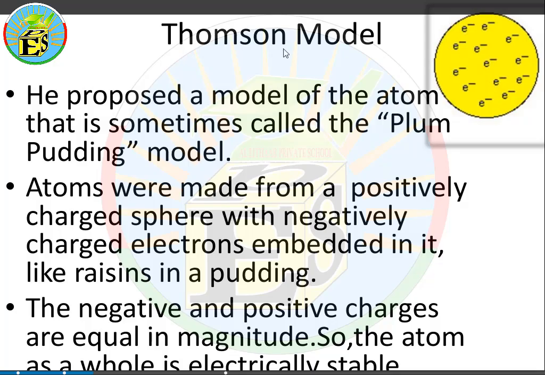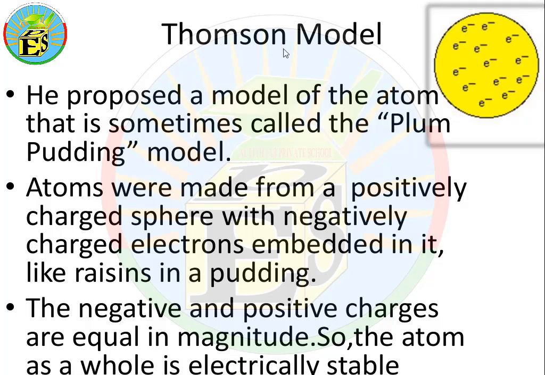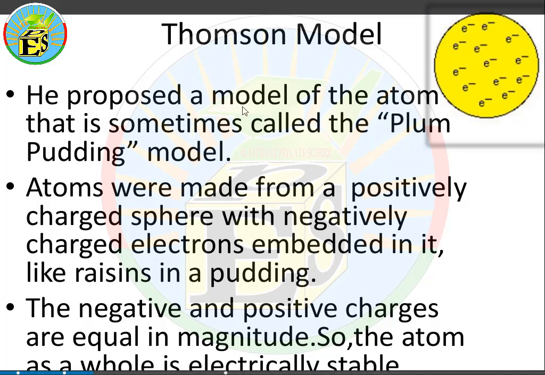He proposed a model of the atom that is sometimes called the plum pudding model. Atoms were made from a positively charged sphere with negatively charged electrons embedded in it, like raisins in a pudding, distributed on the surface of this sphere.